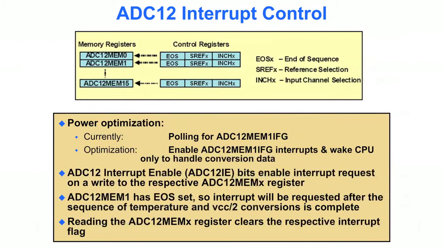So the ADC12 interrupt enable bits enable the interrupt request on a write to the respective MEMx register. ADC12 MEM1 has the end of sequence set, so the interrupt gets requested after the sequence of temperature and VCC over 2 conversion is complete. Reading that MEMx register will clear the respective interrupt flag, so we're going to have to read that ADC12 MEM1.